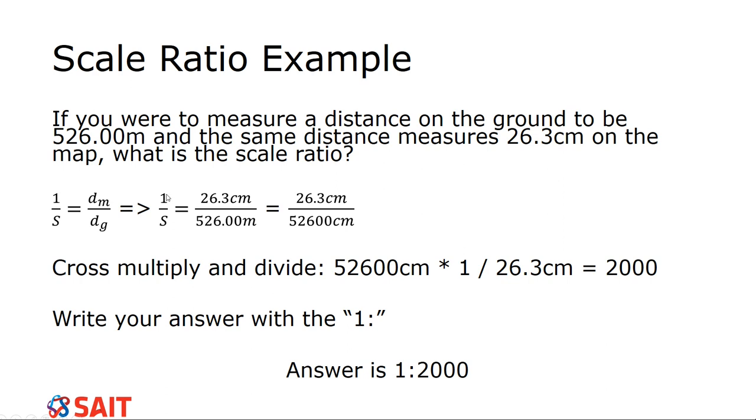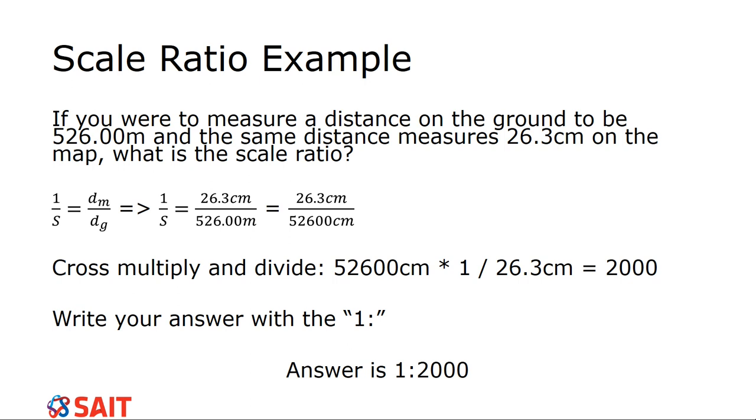I can do it this way: 52,600, multiplied by 1, which is at the top because I cross multiply, and then I divide by 26.3. That gives me an answer of 2,000. If I'm asked for a full scale ratio, I always give the 1 colon, because otherwise it's just a number.